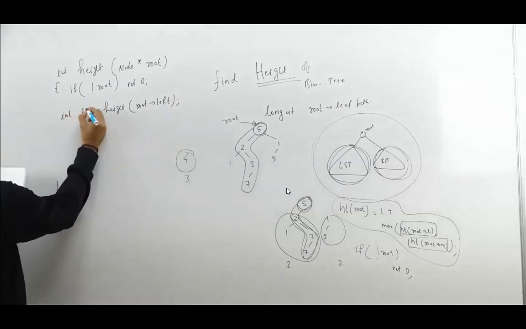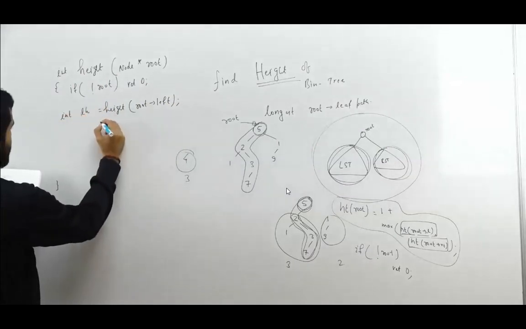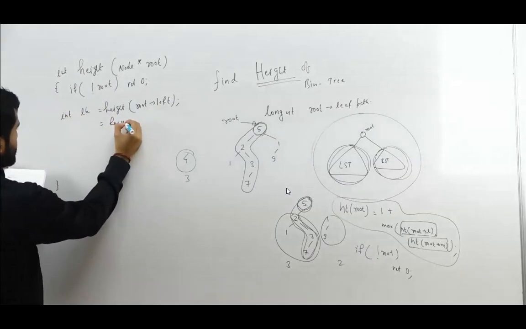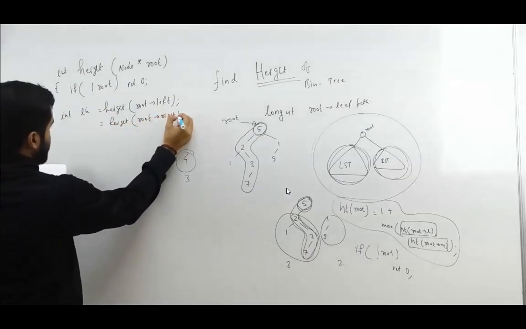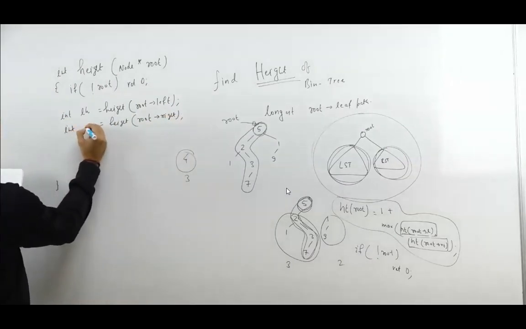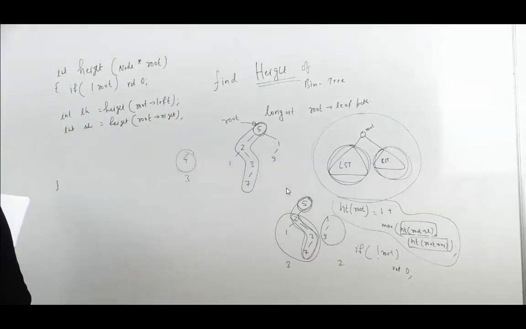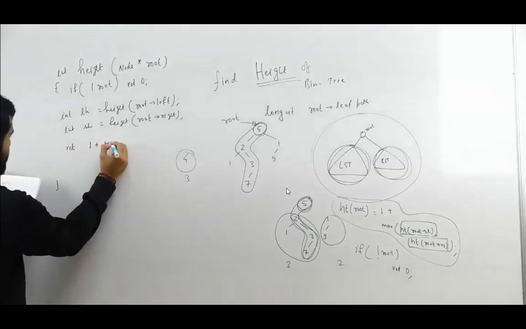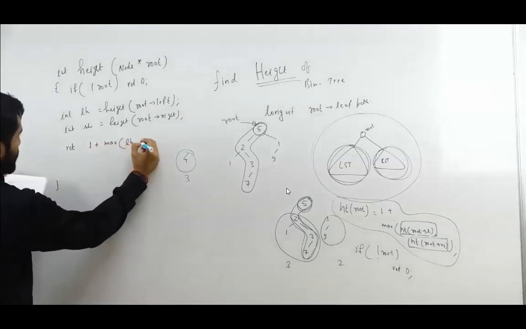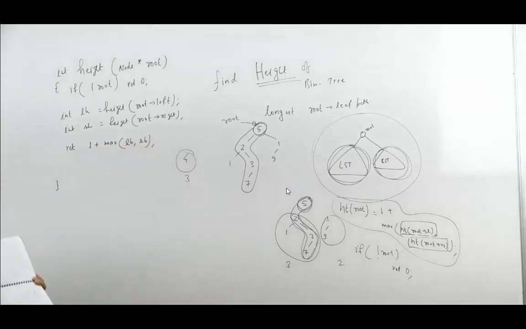I'll call that integer left height. Similarly, I'll call height for the right subtree, and it'll give me right height. And now all that I have to do is return 1 plus max of LH comma RH. That's it, job done.